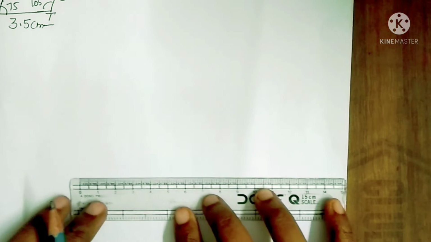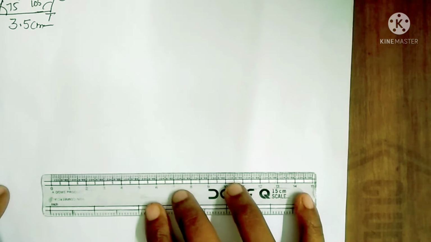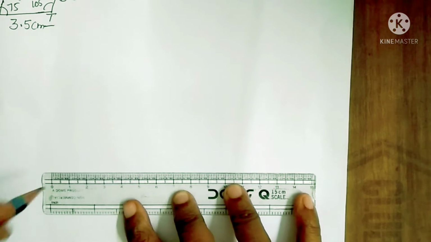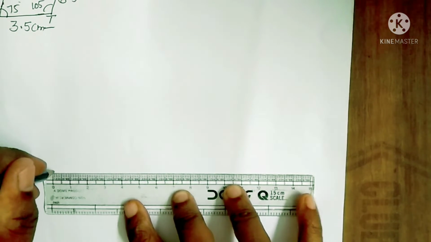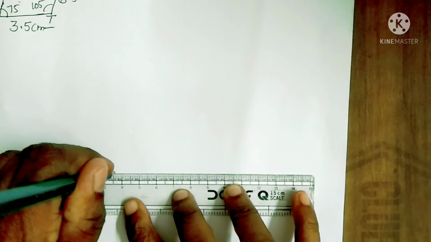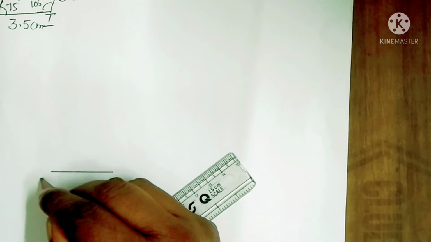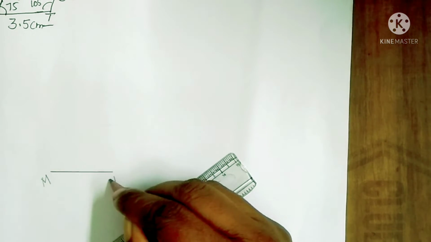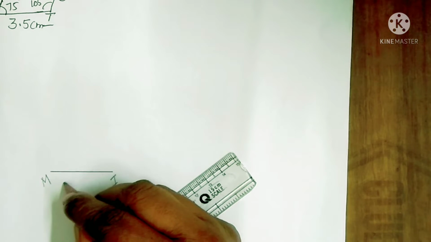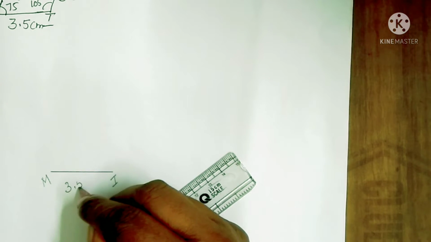So let us draw MI, which is 3.5 centimeter.